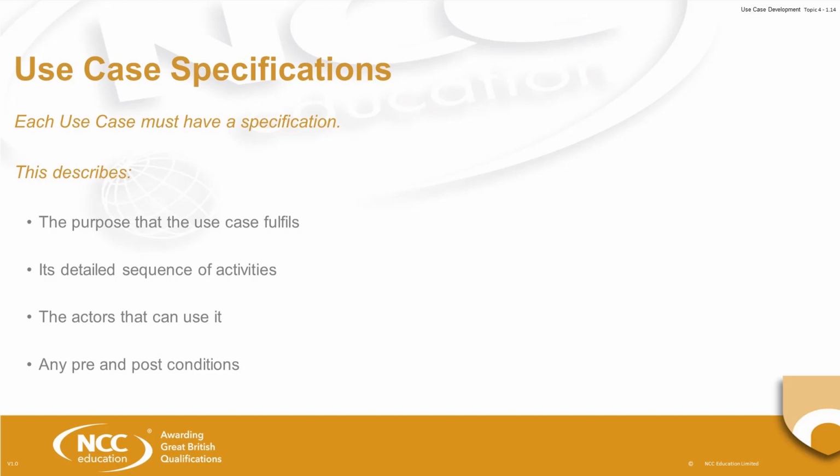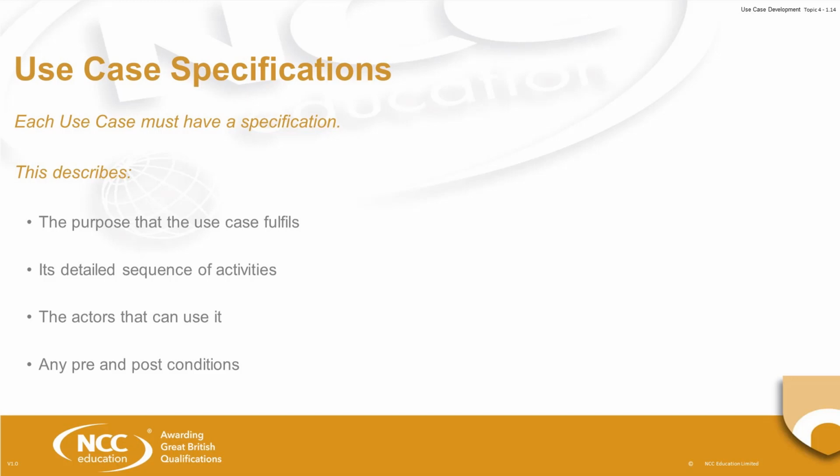The use case specification describes the purpose that the use case fulfills. It provides a detailed sequence of activities, and those will be drawn using a UML activity diagram. It will describe the actors that can use that use case and any pre and post conditions.